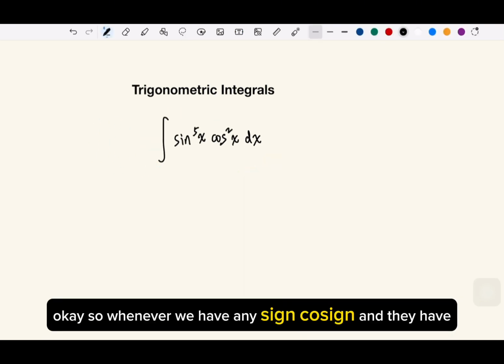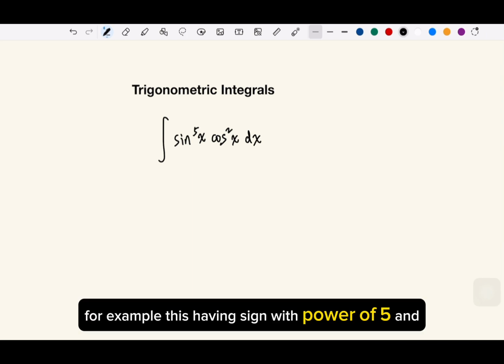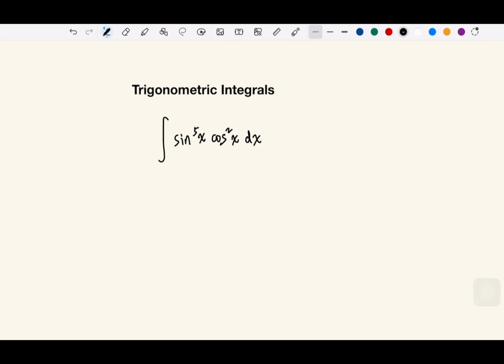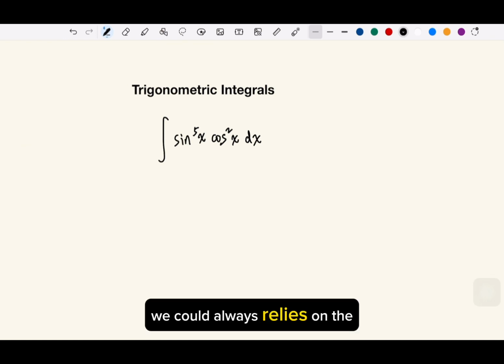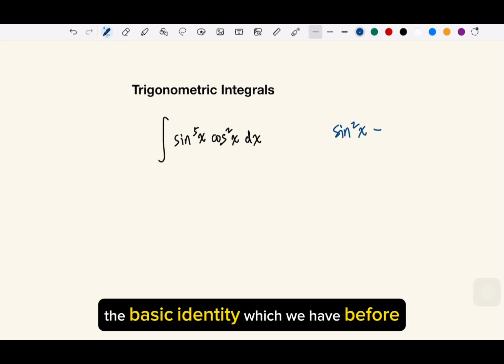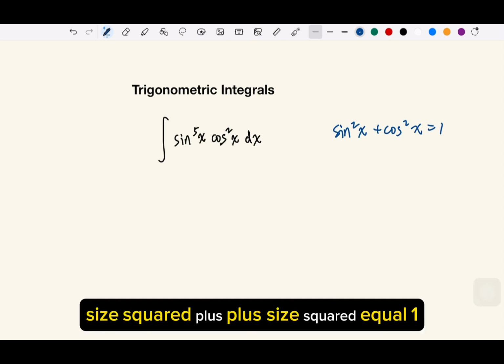Whenever we have any sine and cosine with powers, for example sine with power of 5 and cosine with power of 2, we can always rely on the basic identity we had before: sine squared plus cosine squared equals 1.